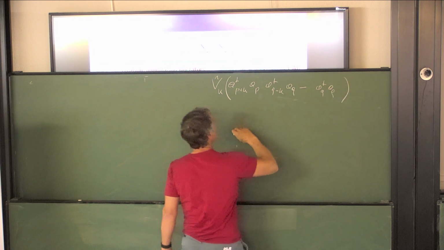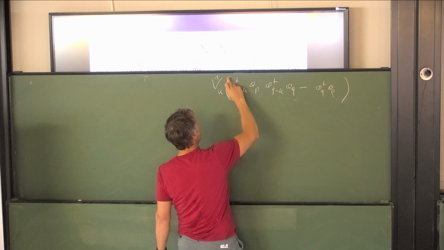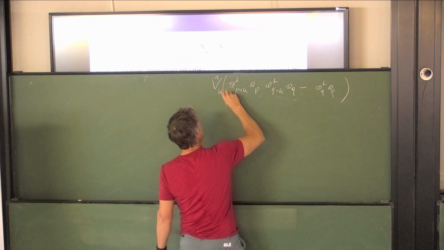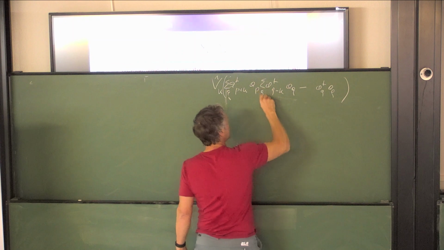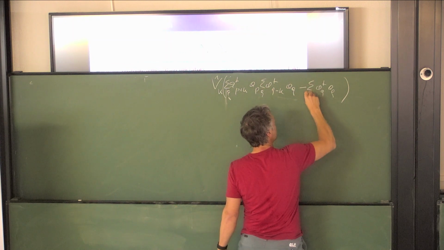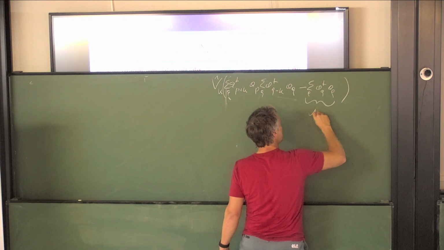So now you sum over P here, you sum over Q here, and here you also sum over Q. And this is really the number operator.